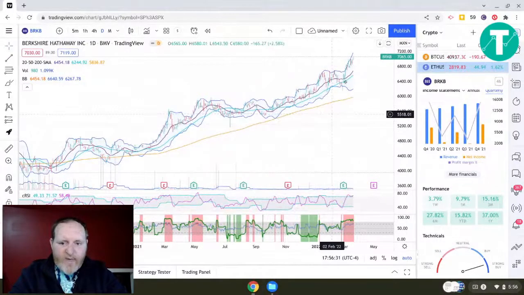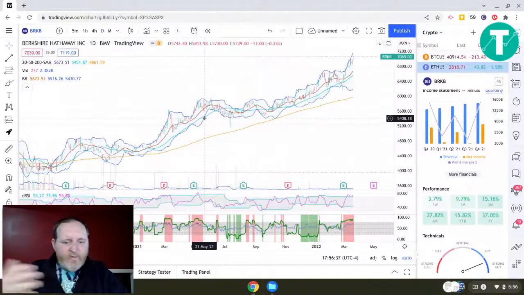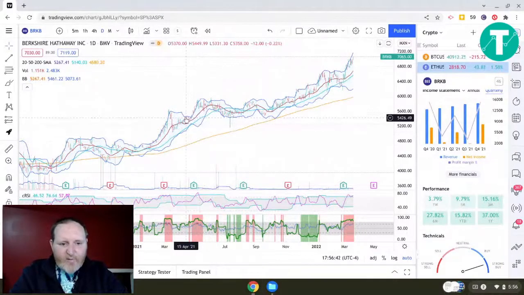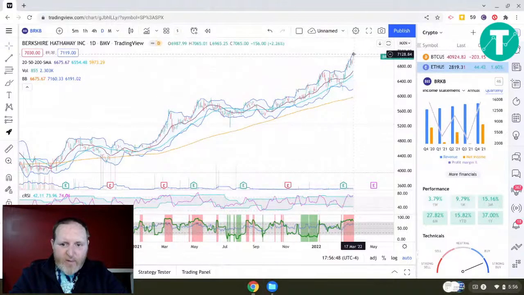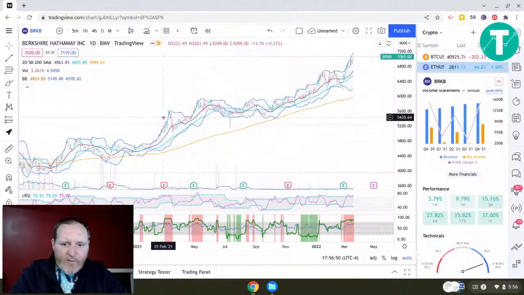The one thing I would say about its performance here, and I like to use history. I know history doesn't repeat itself, but history does rhyme. And I just like to look at these chart patterns here. The last time we had a real run up like this, where it was stretched like this, we'd have to go, I think, back here to March of 2021.